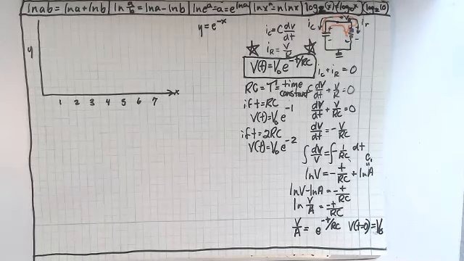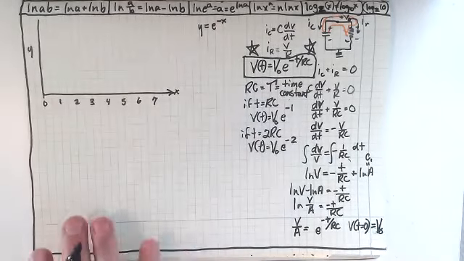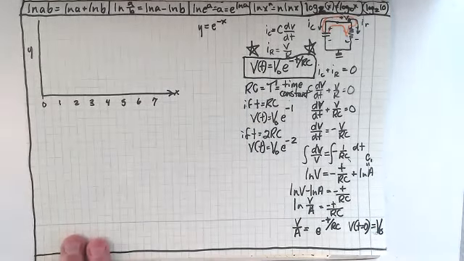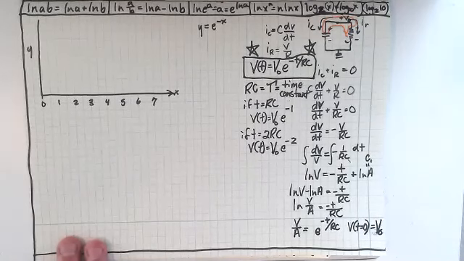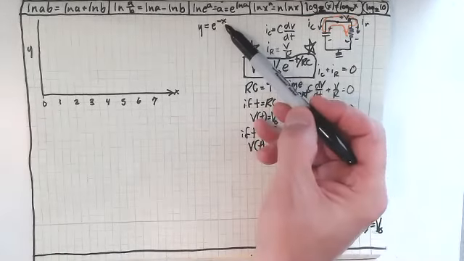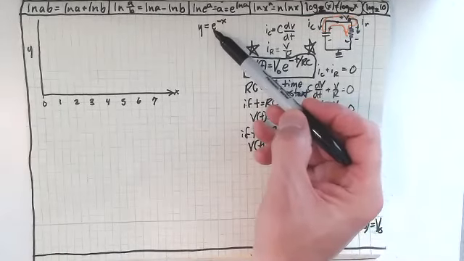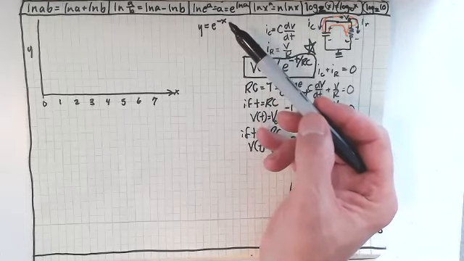In fact, let's say that we want to start at 0, don't we? Time is equal to 0. Well, if time equals 0, then it would be e to the 0. Anything to the 0 is 1, isn't it?